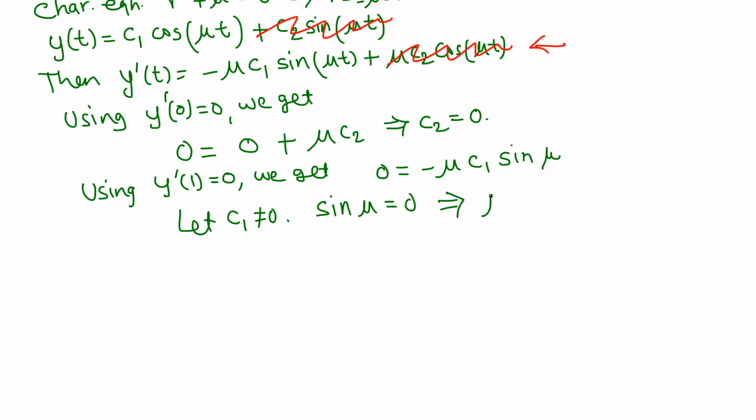This means mu is n pi, where n is greater than or equal to 1: 1, 2, 3, 4, 5.